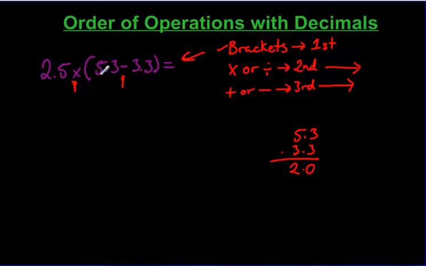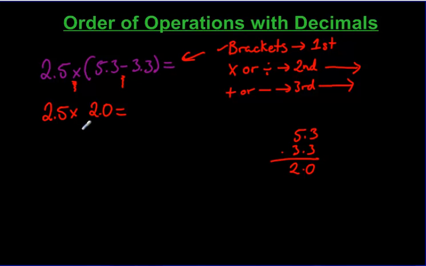So I'm going to rewrite this and work down. I'm going to write 2.5 times, and now that I have the answer, 5.3 minus 3.3 is 2.0, I'm going to put that answer right beside it.